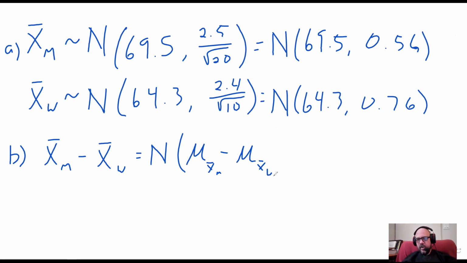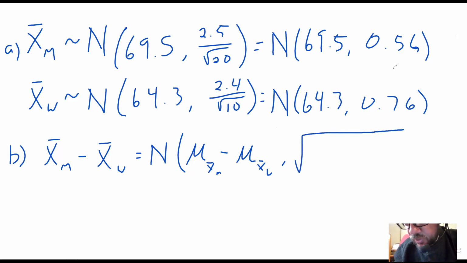I'm sorry, my handwriting is so terrible, you can't read it here, but this is an M and a W. Comma, the square root of the standard deviation of the sampling distribution of X bar M, which is 2.5 over root. Oh no, sorry, that's not what I wanted. Sorry, let me back up here.